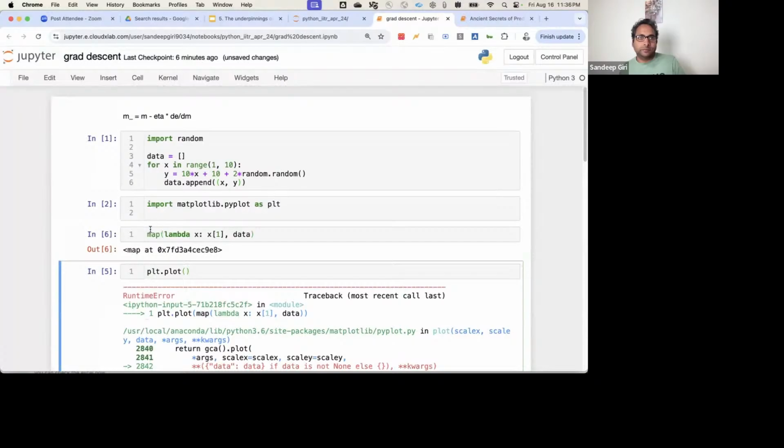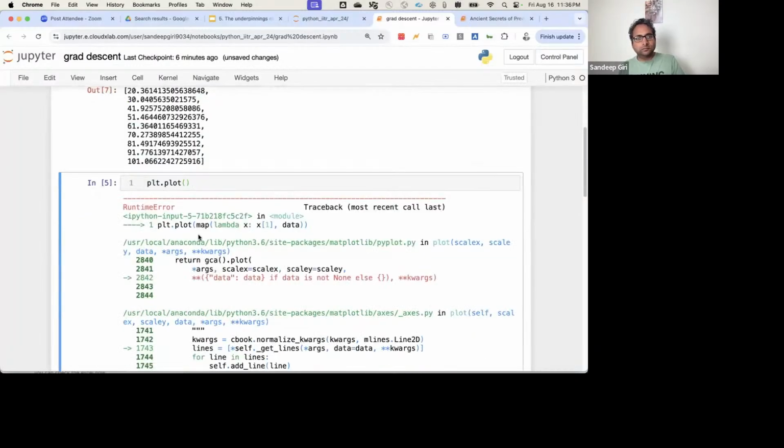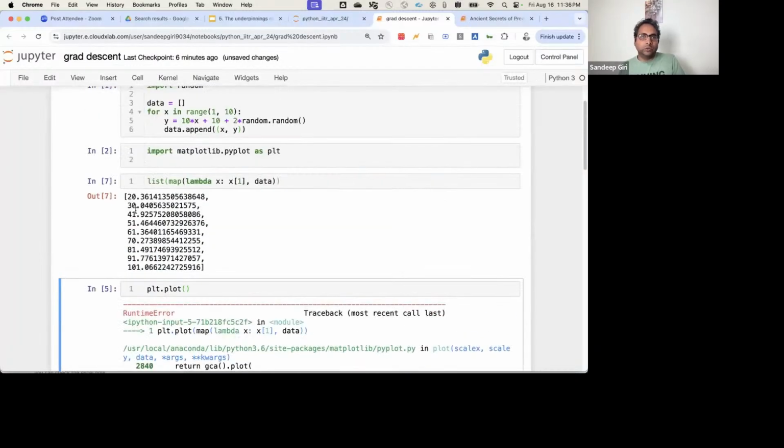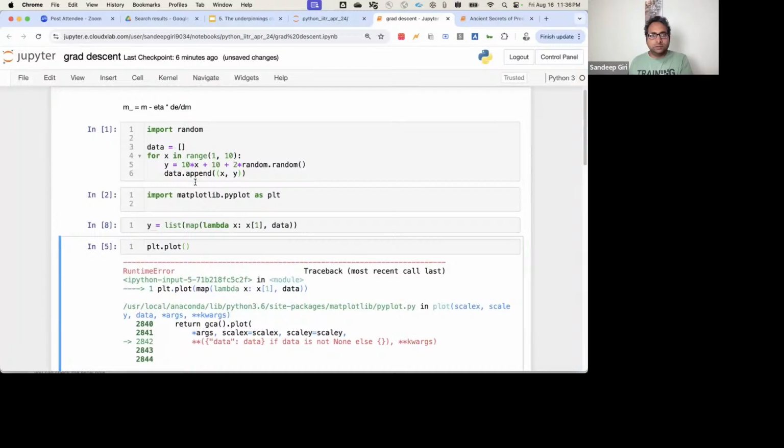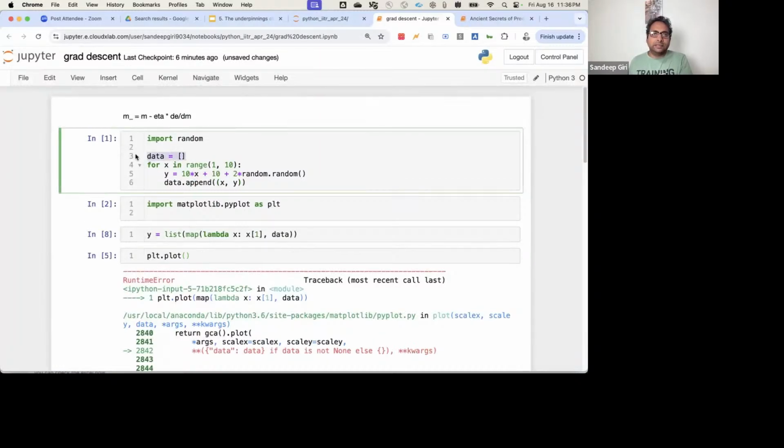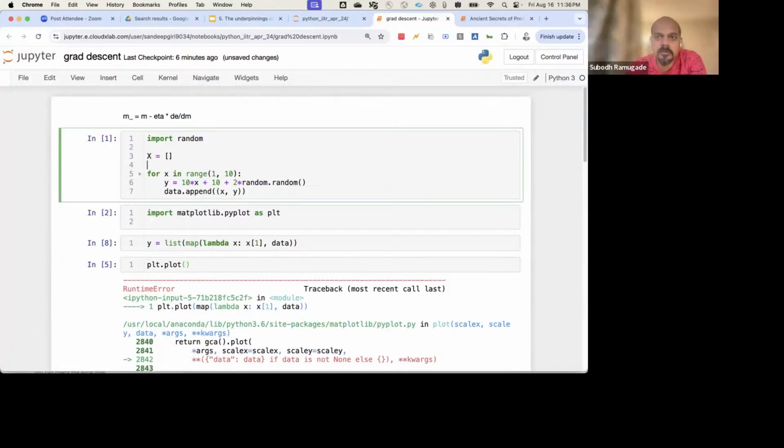I'll just try to see what's inside it. Yeah, so it did a good job. All right, this is my y, or should I just put it in x and y? You need x and y, 2 arrays to plot, right? Okay, I'll just put it in this.